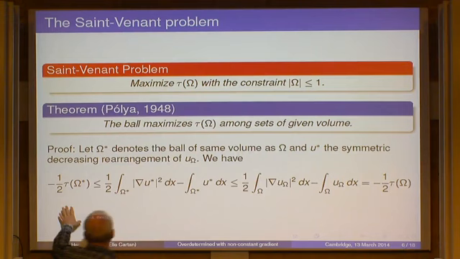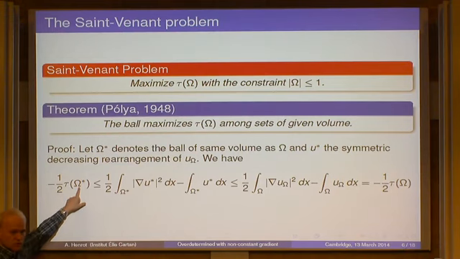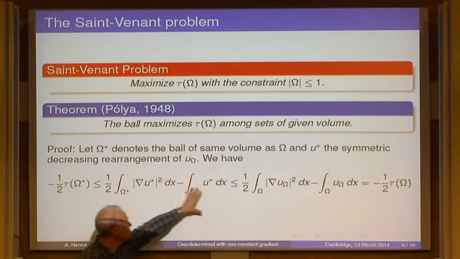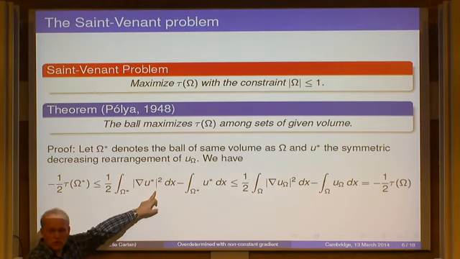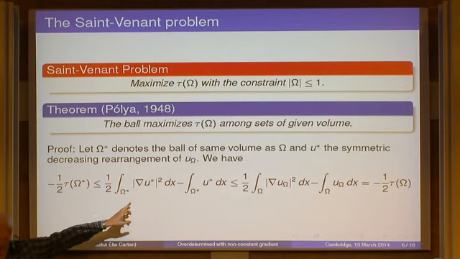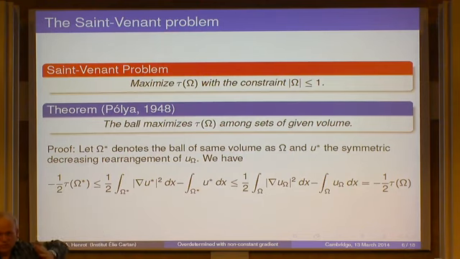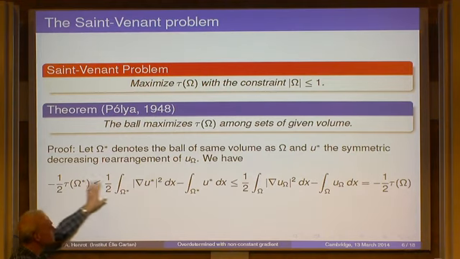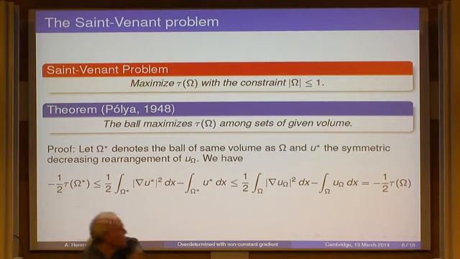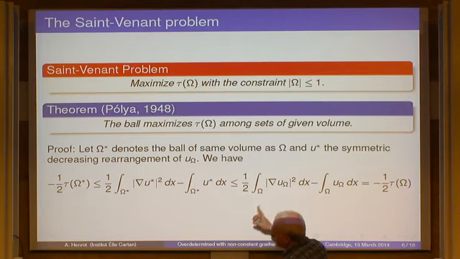Now you write precisely the fact that the torsional rigidity of omega star is obtained as a minimum of my energy. So it's less than this quantity because u star has no reason to be the solution of the torsion problem on the ball. It's just a test function. Now you use the classical properties of the rearrangement.